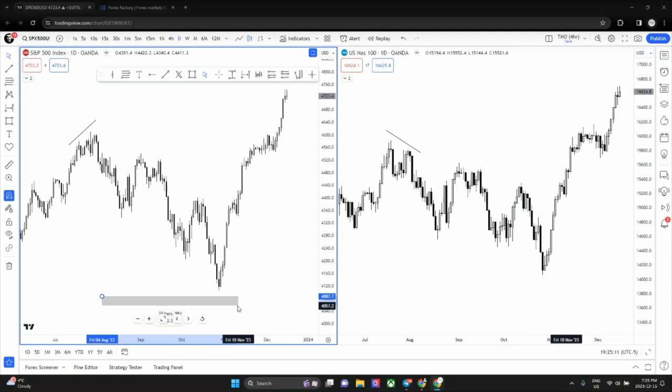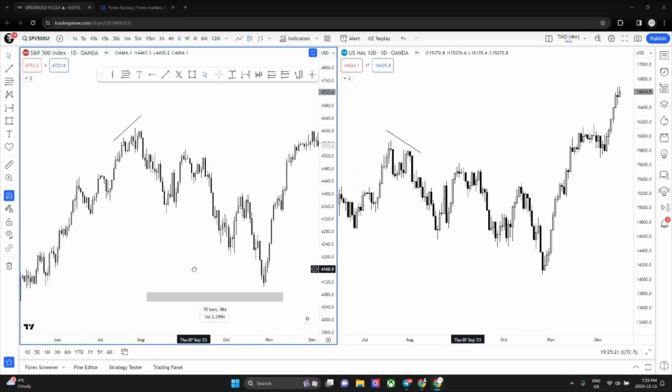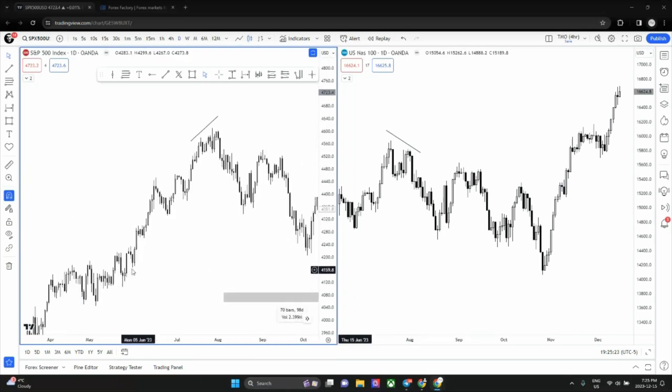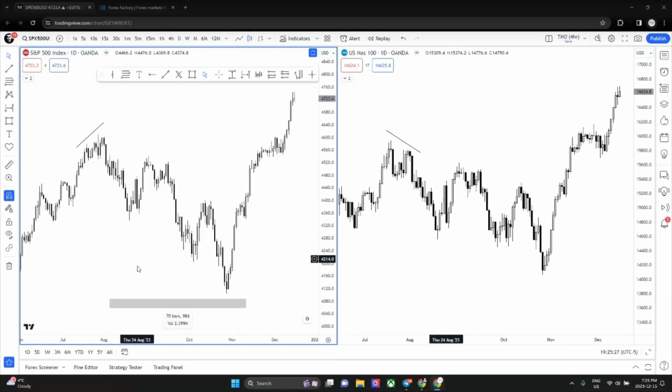So when price fell here, it immediately rallied. There was no like major indication that price would rally down here. You see, there's no like PD arrays here that would make sense. This is all time based.